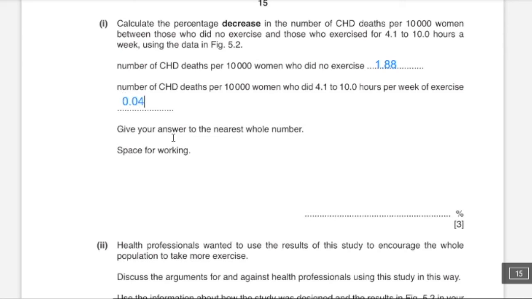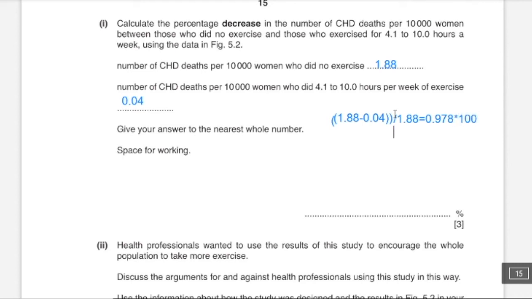Now, we're supposed to be calculating the percentage decrease, and we can calculate that by working out the difference between the two values, which is 1.88 minus 0.04, and then dividing this by 1.88, so we get the answer as 0.9789, and then we multiply this by 100.